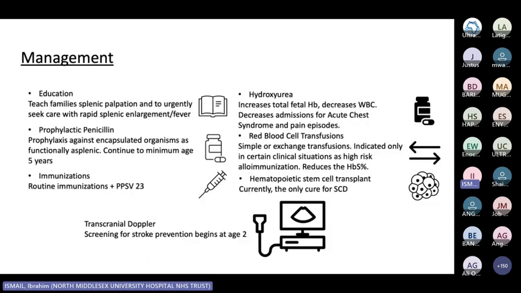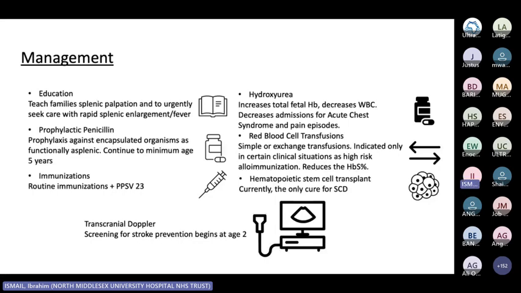So in terms of management, for a lot of our patients, we teach the families splenic palpation to understand if there is any rapid increase in splenic enlargement, for example, in fever as well. All of our patients are on folic acid and penicillin as a prophylactic.